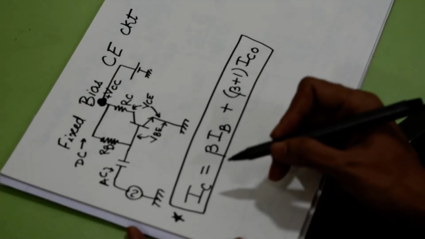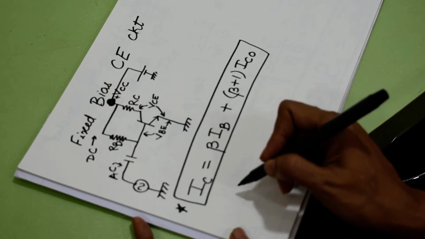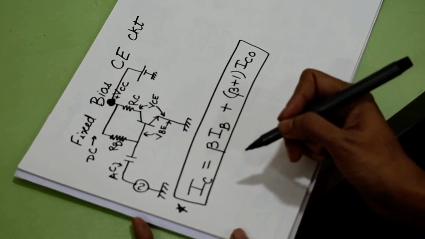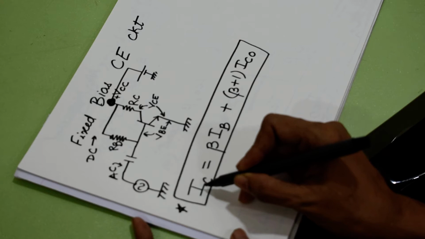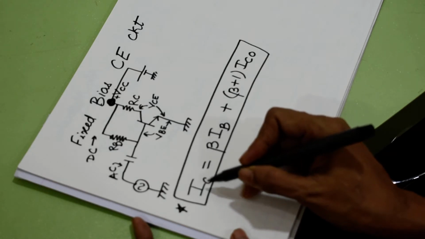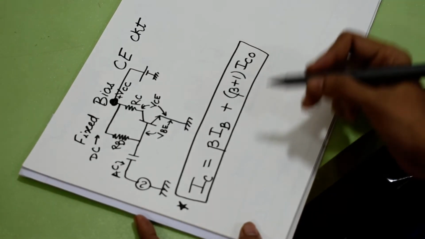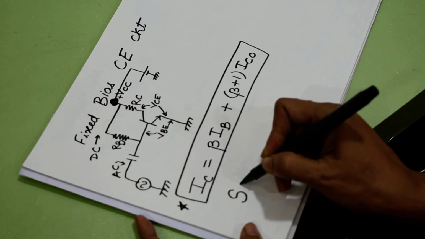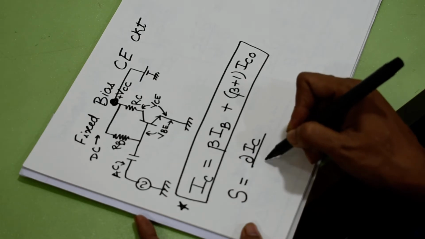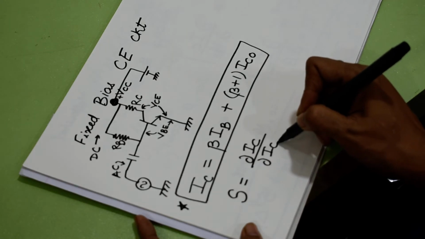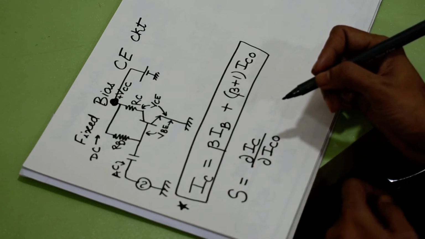Now let us start taking all the three stability factors for the fixed bias common emitter circuit. So this is my IC, and I have to take the first factor, which is IC partially differentiated with ICO. So let me write S is equal to partial differentiation of collector current with respect to the leakage current, keeping all the other factors constant.